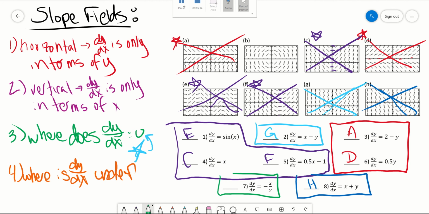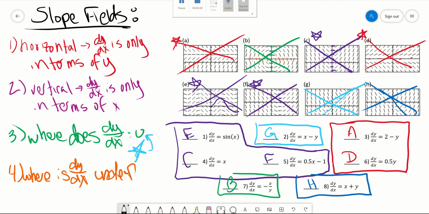And if we look at that, x equals 0, all of those slopes are 0. But it's also going to be undefined when y is 0. They don't show you undefined slopes, but those undefined slopes would be right here, and we can see that the slope fields are doing that. So the slopes are undefined when y is 0, the slopes are 0 when x is 0. That means this is B.